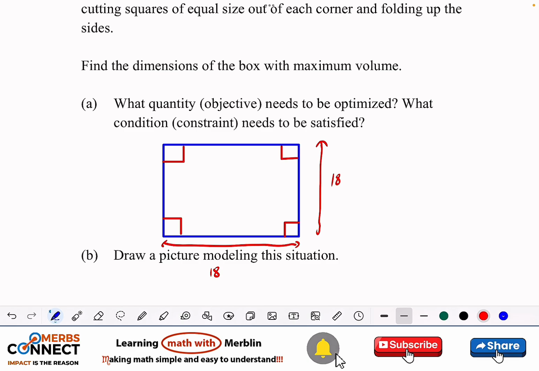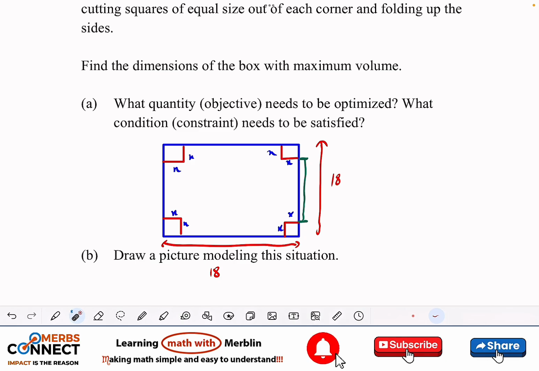Since we are cutting a square, this is going to be x, and this is also going to be x. Same thing applies to this, this, and this. So now the distance is going to reduce. Let me see what will be left. The distance from this side to this side is the one with the green.